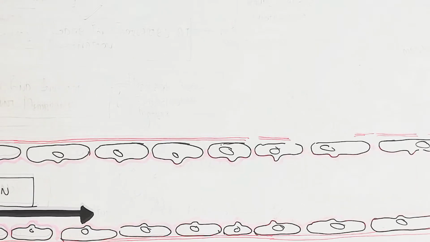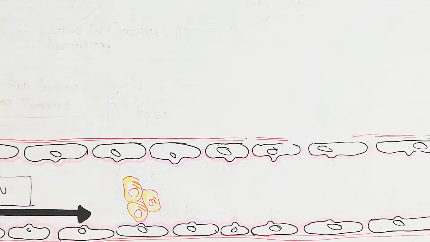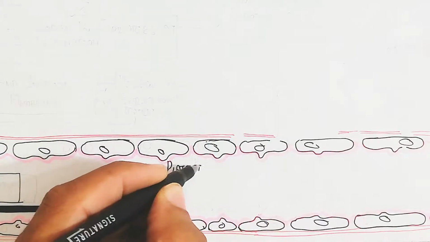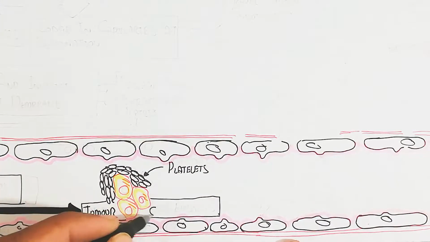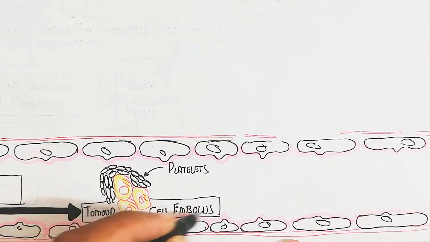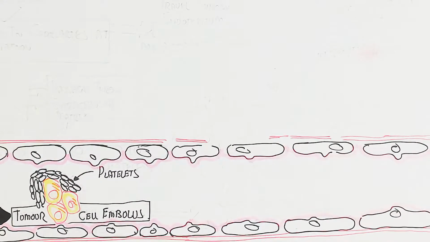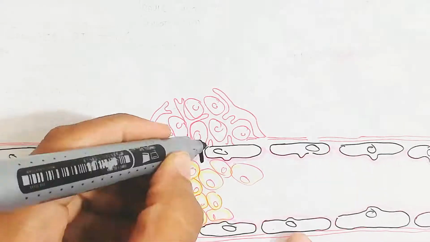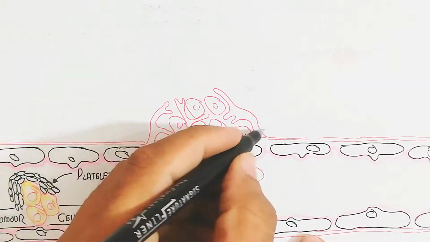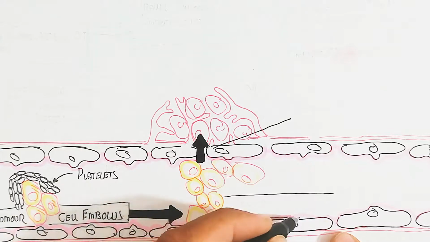So throughout the body, diversification occurs and produces more subclones, and in this way damages tissue and forms tumors at several sites. The tumor cell embolus formation will lead to adhesion to a basement membrane due to the platelets. In this way, thrombosis will occur.